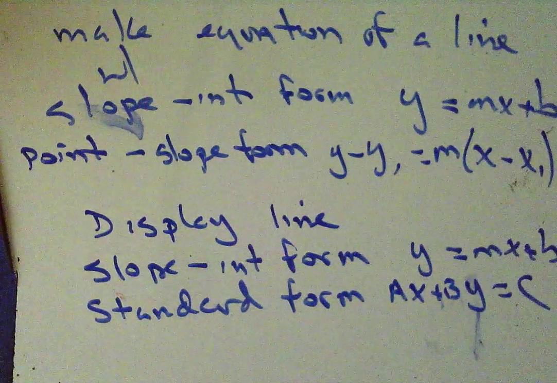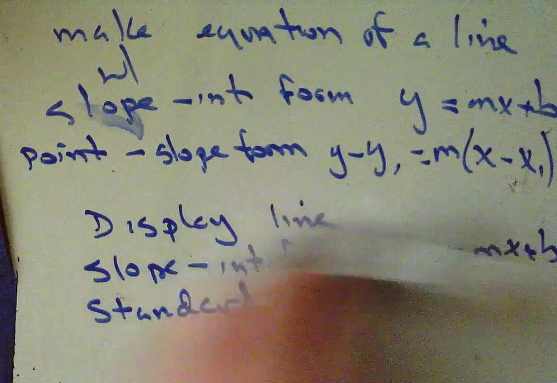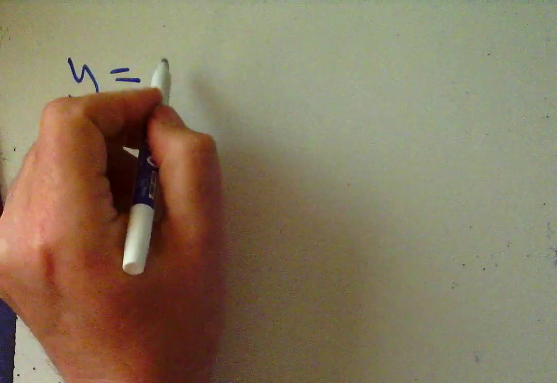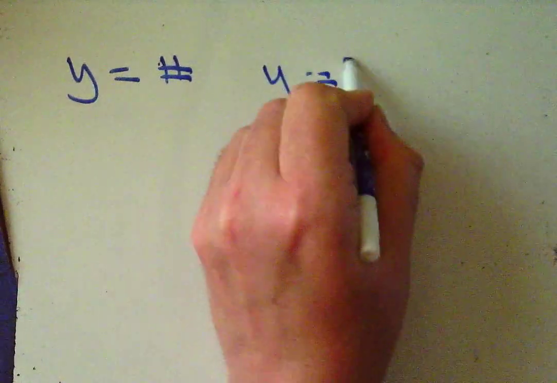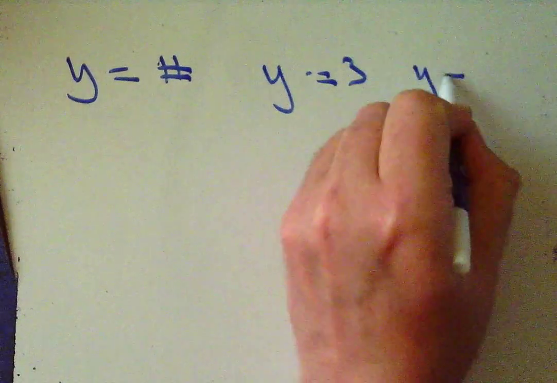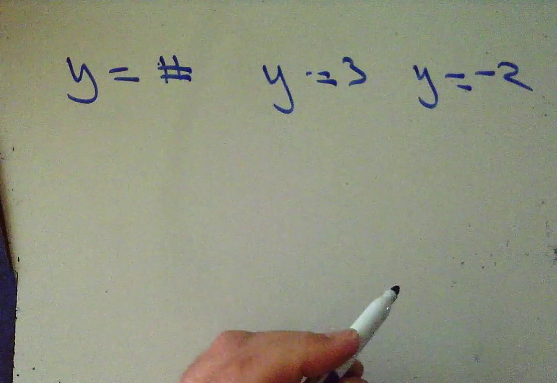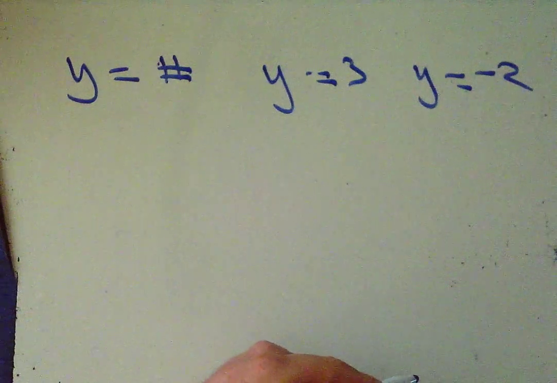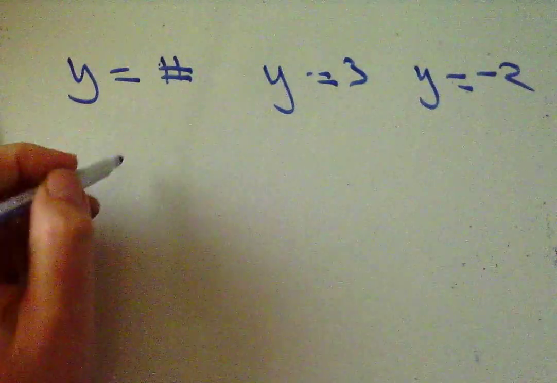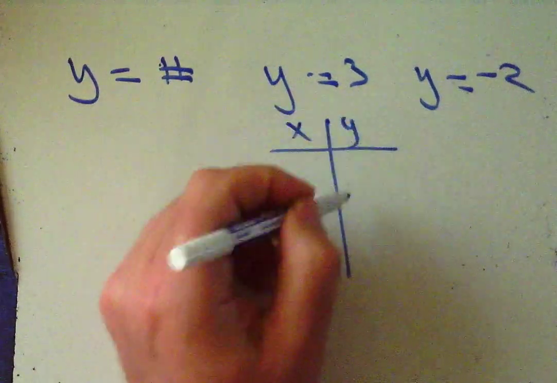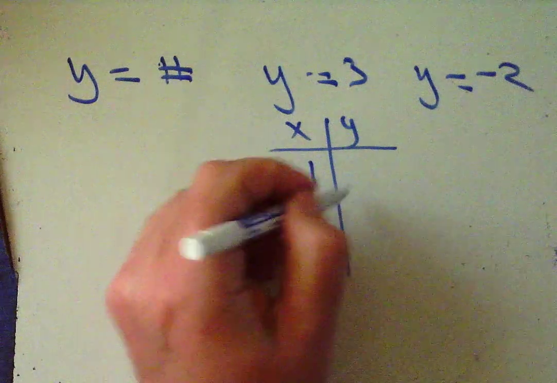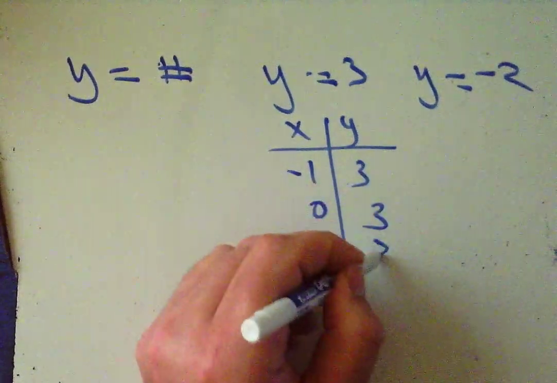Okay, so last thing I want to talk to you about today are special lines. When we see y equals a number, like y equals 3 or y equals negative 2, that makes a certain type of special line. So y equals 3 has these ordered pairs: negative 1, 3; 0, 3; 1, 3.